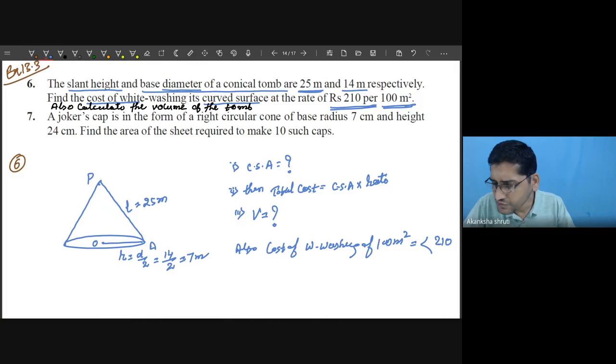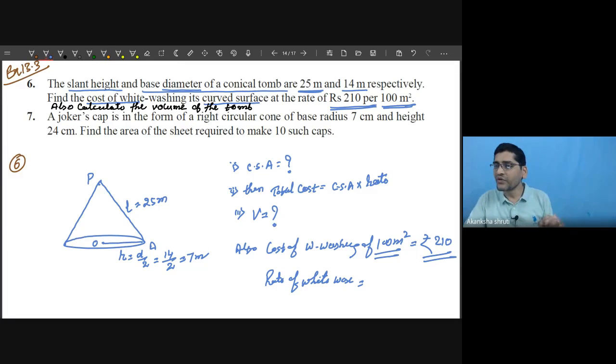So you should be careful. For whitewashing of 100 meter square, it is 210. So what is the rate of whitewashing? It simply means for 1 meter square, how many rupees are required?